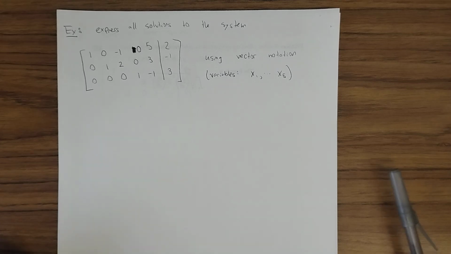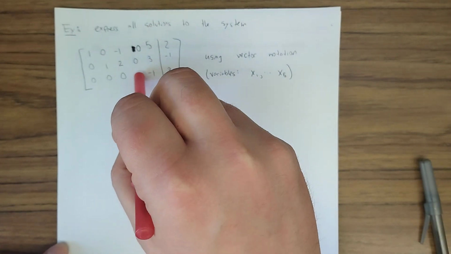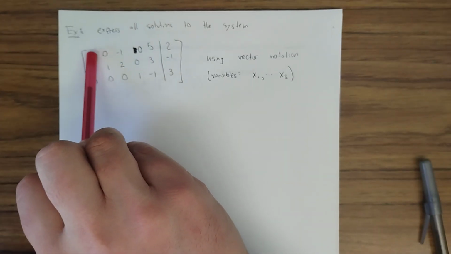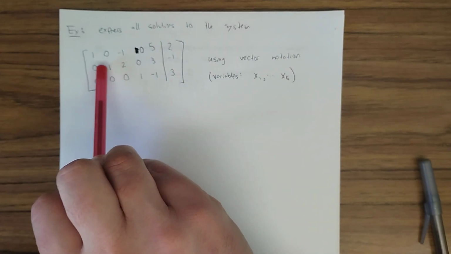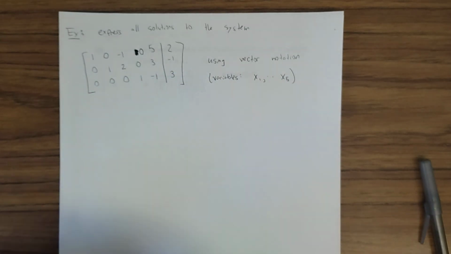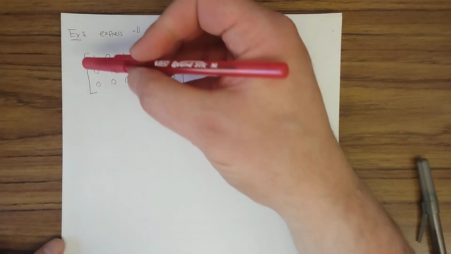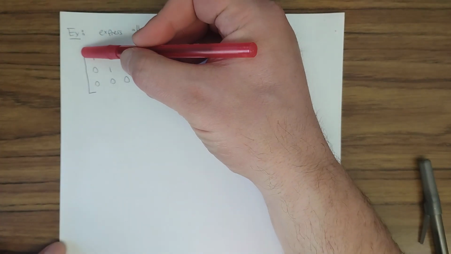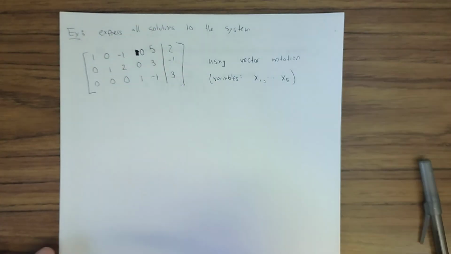The leading variables are here, here, and here. This is the leftmost non-zero entry in the row, and then this is the leftmost non-zero entry in this row, and then this is the leftmost non-zero entry in this row. And it's in echelon form because this one's to the right of this one and this one's to the right of that one.